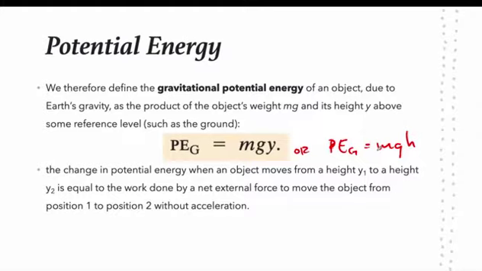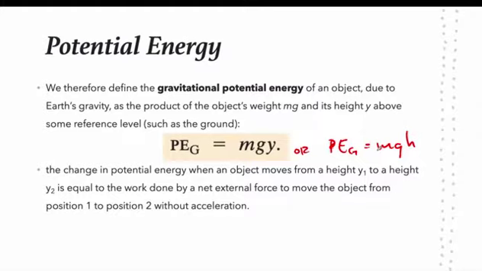The change in potential energy happens when an object moves from a height 1 to a height 2, okay? And that change in potential energy is equal to the work done by an external force to move that object.